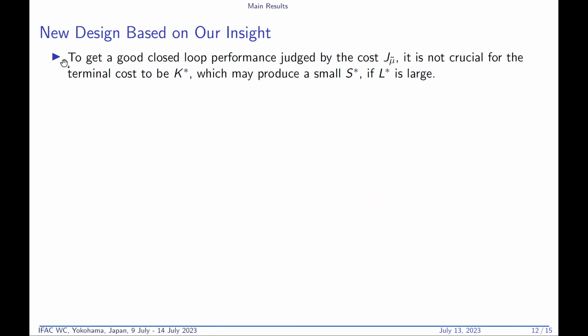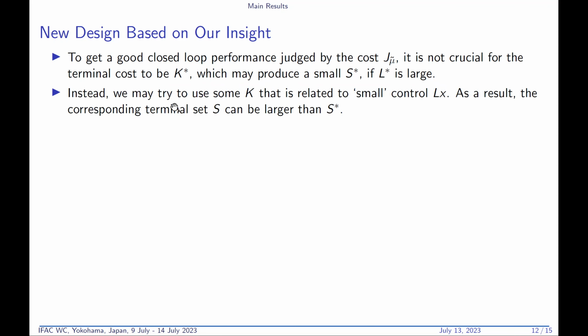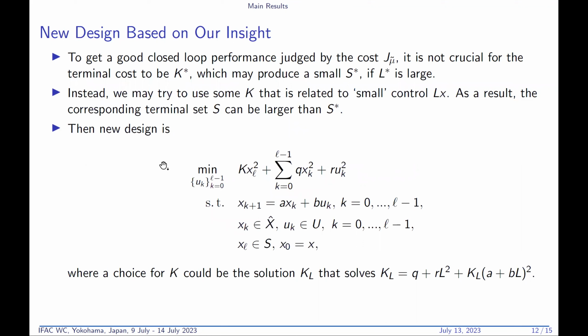So based on our insight, a new design could be this: to get a good closed loop performance judged by the cost function J mu tilde, it is not crucial for the terminal cost to be K star, which may produce a smaller S star if L star is large. Instead, we may try some K that is related to a small control. As a result, the corresponding terminal set S can be larger than S star. So this is kind of an intuitive argument we employ.